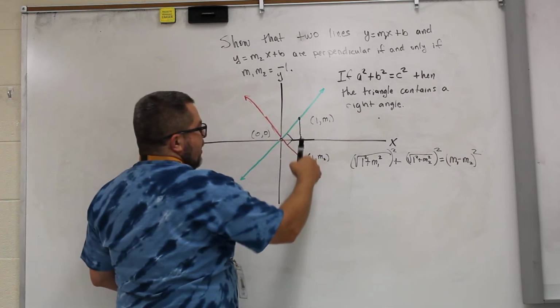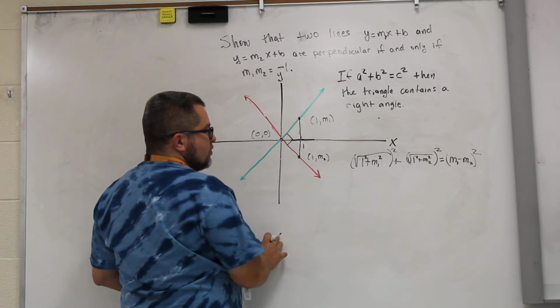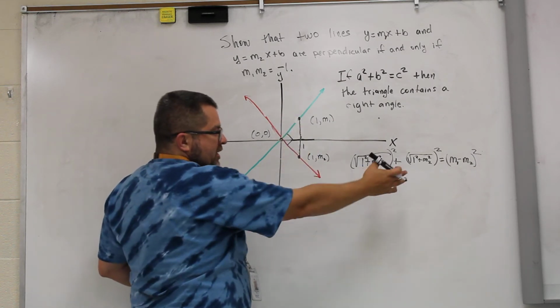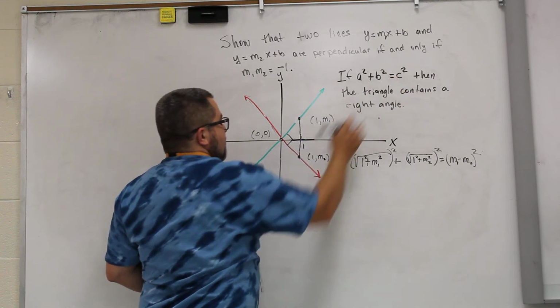So that'll be our c, m1 minus m2 squared. And it doesn't matter if it's going to come out positive or negative, because we're squaring it anyway because of the Pythagorean theorem.